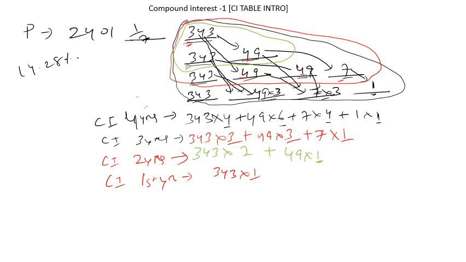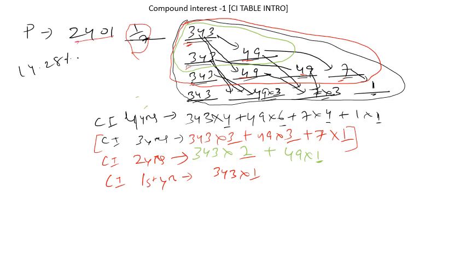So I had asked you to find the difference between CI and SI for 3 years. So 3 years compound interest is this part, right? And 3 years simple interest. Now you know rate of interest is 1/7. Principal is this.